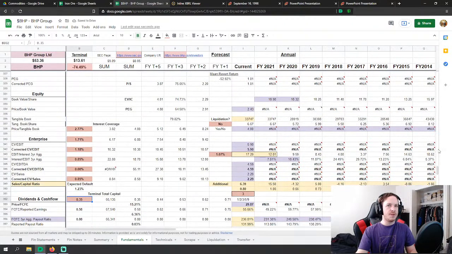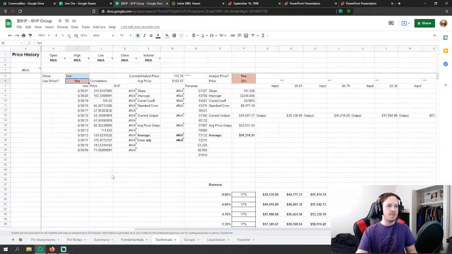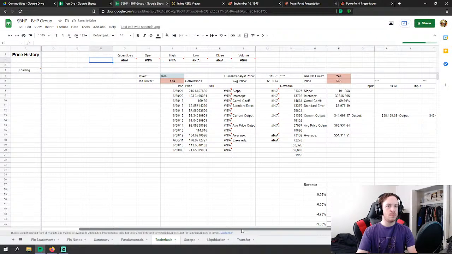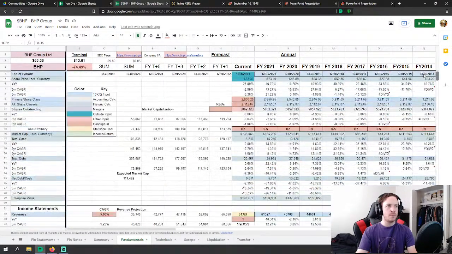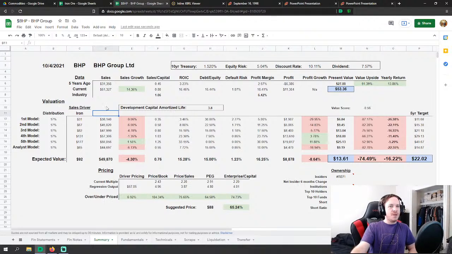Yep, this is just a total mess, it looks like to me. Okay, well, it is what it is. This one's terrible. Hugely overvalued.